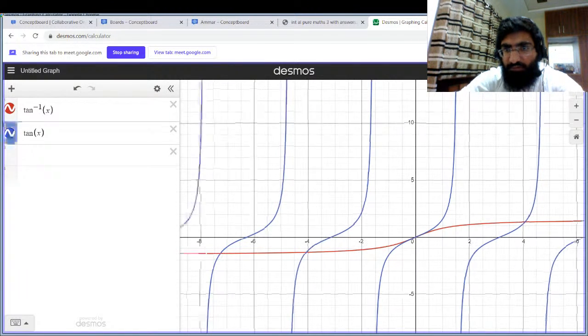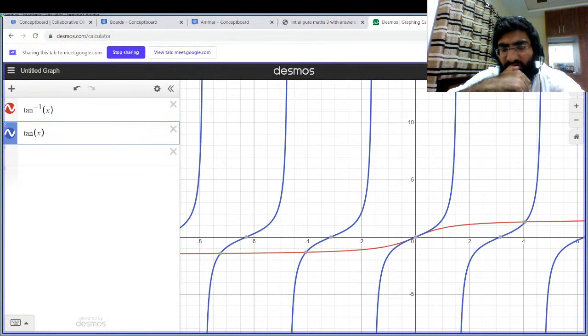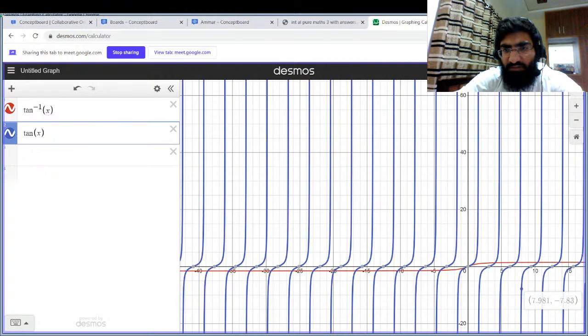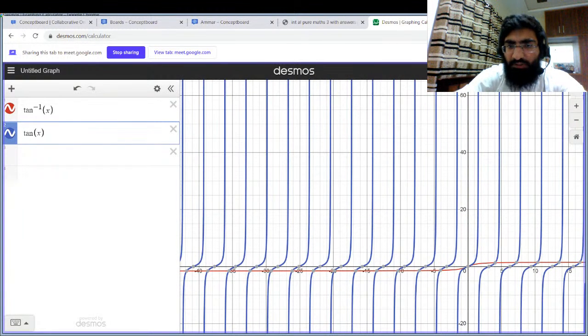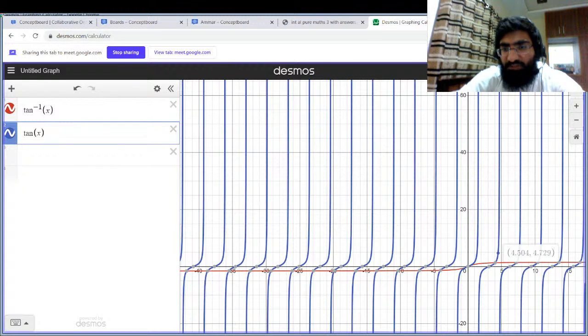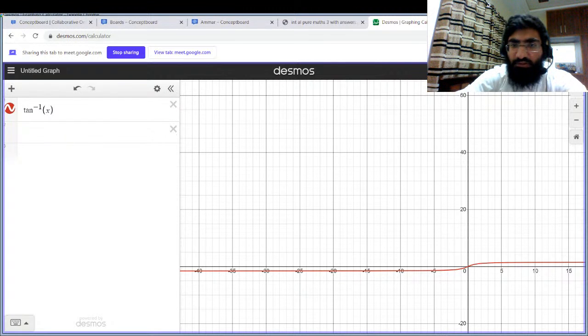That way I'm telling. For tans, I don't think that would be the case, because up and down, we haven't got more tans for tan inverses. Tans we have got multiple, but tan inverse we have got just one.